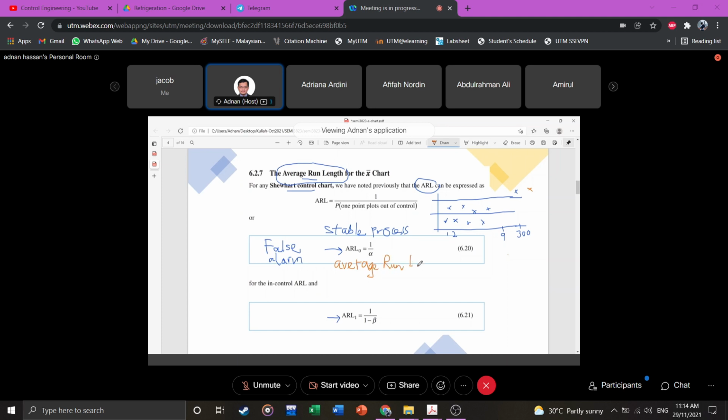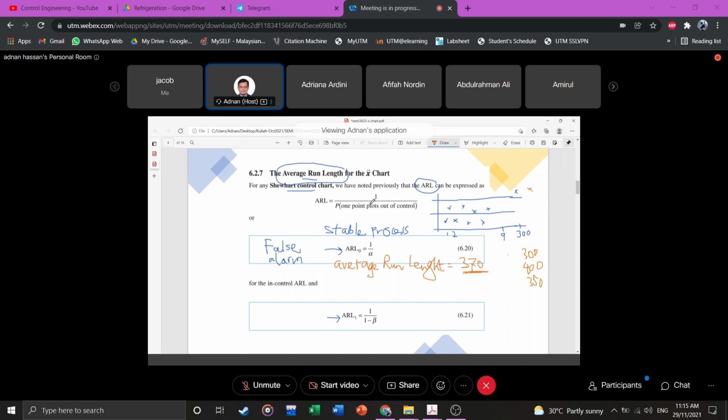So if we have enough repetition, we're going to have 370. If you run a random number simulation, we can also get this number. Let's say the first one is 300, maybe the second one is 400, the third one is 350, meaning the first time it goes outside the control limit.